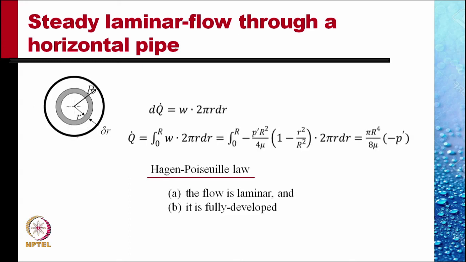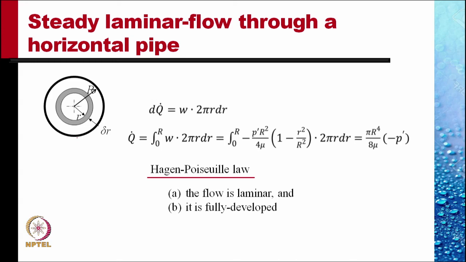We can find out the volume flow rate like we did before. dQ dot is equal to the velocity times the area of the ring, 2 pi r dr, and integrating we find the volume flow rate as pi R to the fourth by 8 mu into minus p prime.